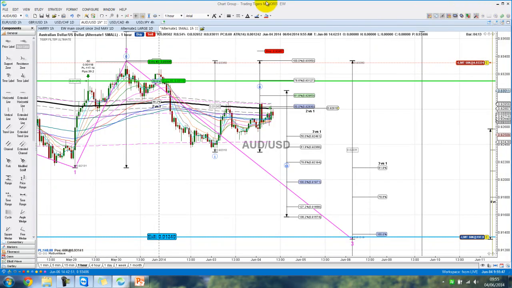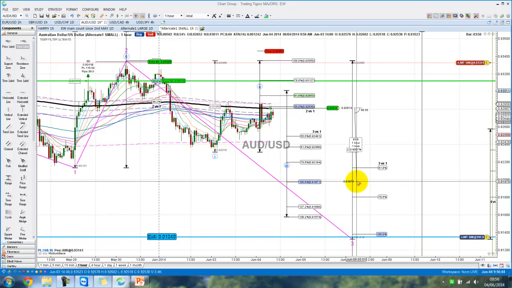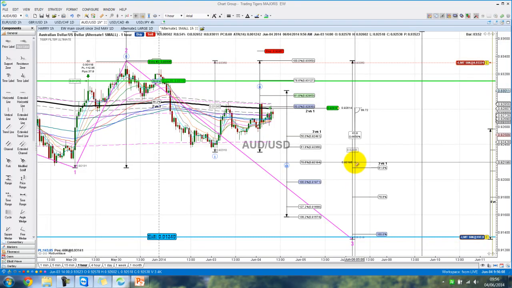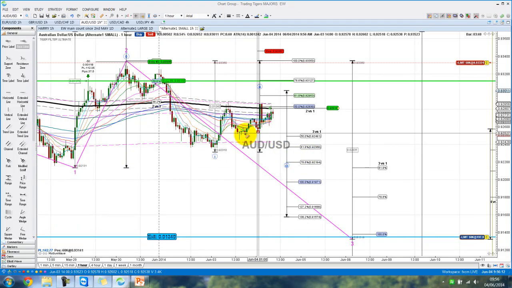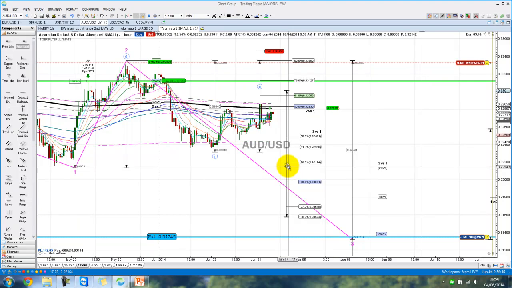Say we put an entry at this level and put our stop loss up top there. We're on the 1 hour chart, and that's 64 points to get 83, or 61. That's dependent. It's going to be very tight, almost a 1-to-1.